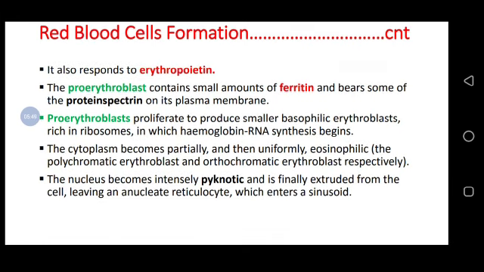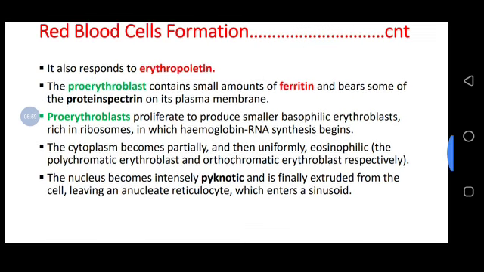So the nucleus now becomes intensely pyknotic and is finally extruded from the cell. So initially the nucleus is pyknotic, and finally it is extruded from the cell. That's why we say the RBC, the red blood cell, has cytoplasm but doesn't contain a nucleus.